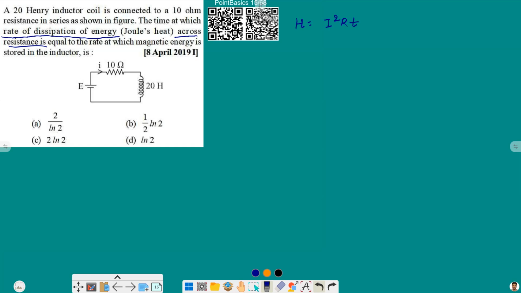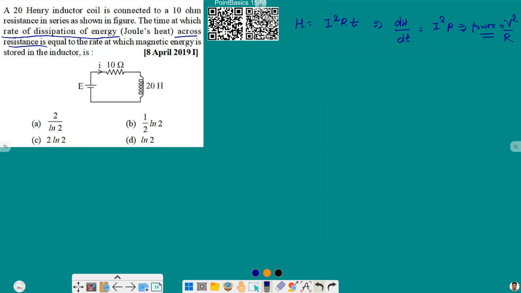As we have been asked the rate of dissipation of energy, it will be dH by dt, and that will be equal to I squared R, and basically it's the power of the resistance, which is also equal to V squared by R.